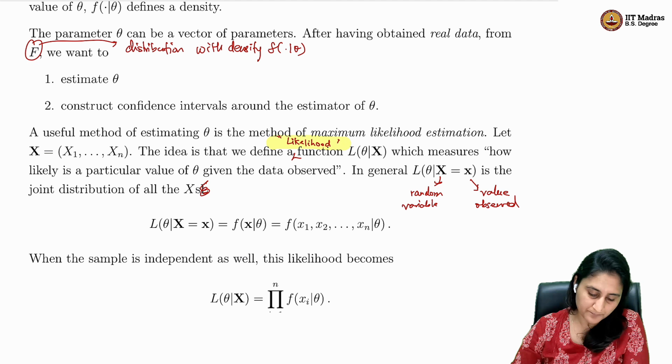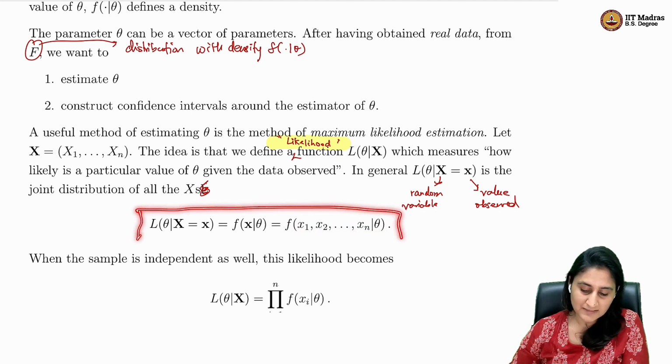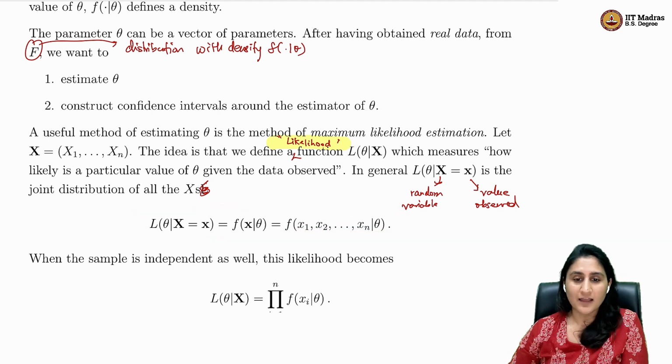So that means L of theta given x is nothing but the density function, the joint distribution of bold X given the particular value of theta, which is nothing but the tuple of all the data observed. So it's f of x1, x2 up until xn given theta. So actually the likelihood function is nothing but the joint density function of the data observed given that value of theta.